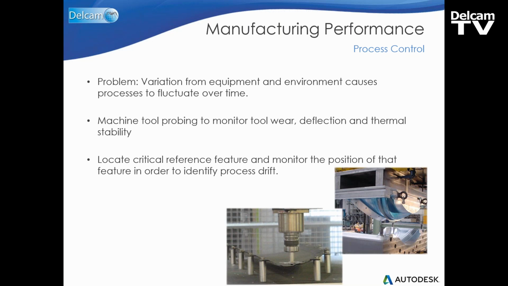So that's things like if there's an increase in the ambient temperature, that would cause components in the machine and the component itself to expand, and thus the machine coordinate system can't be relied upon to define the true position of the part coordinate system.